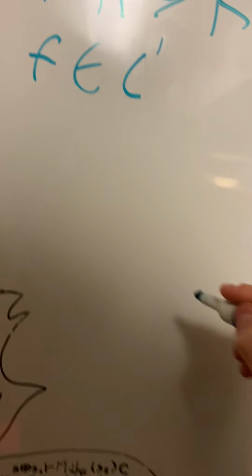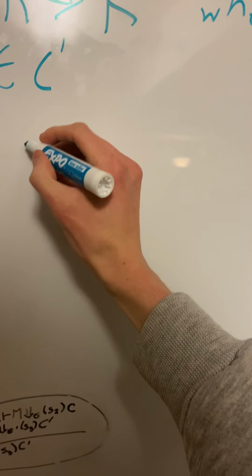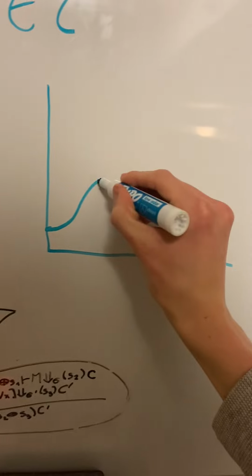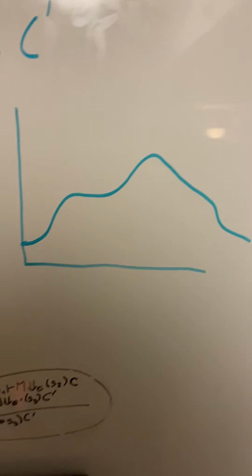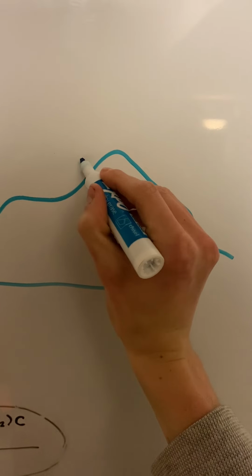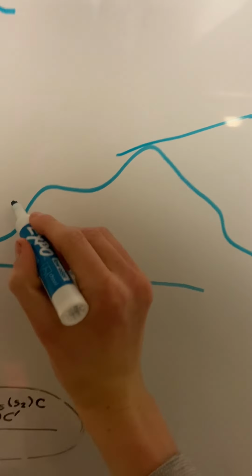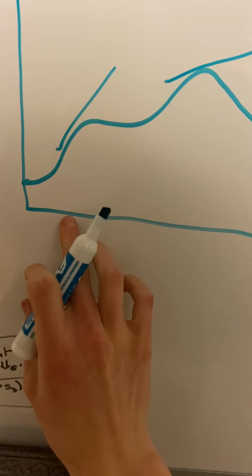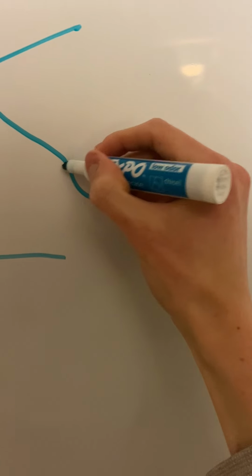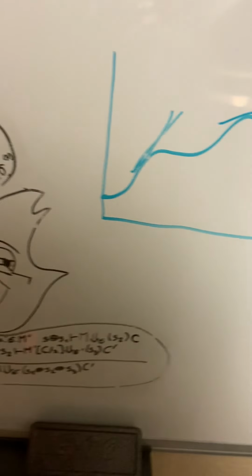So we know that the derivative of something is, like, if we have some curve, the derivative will tell us what's the slope at certain points. Like the derivative here would be the slope here. The derivative here would be the slope here.